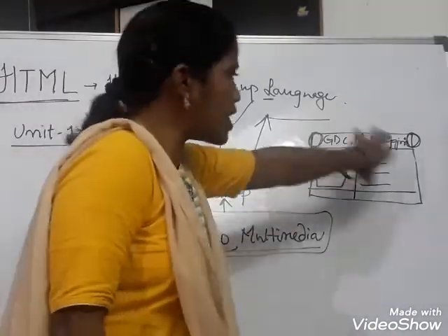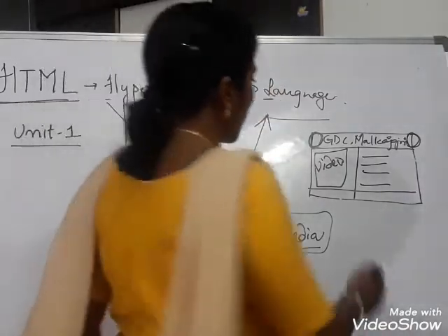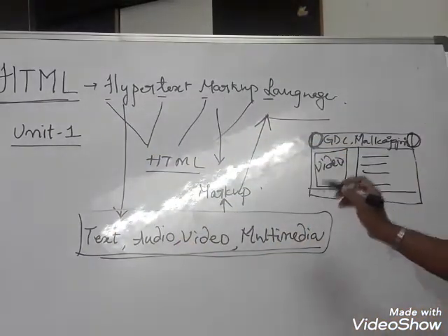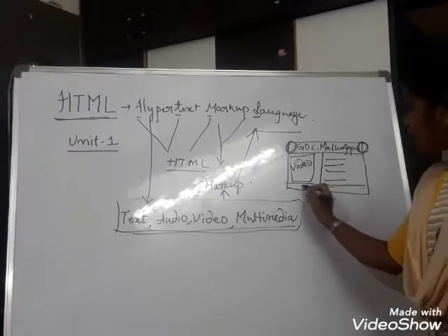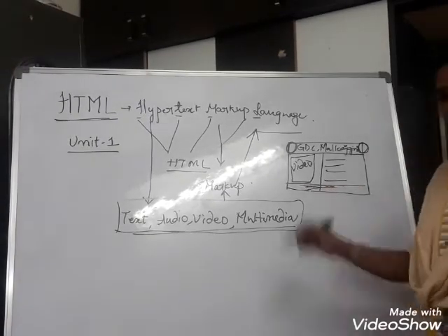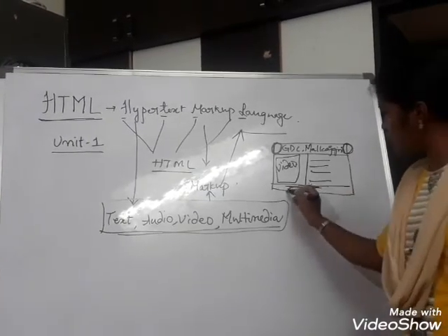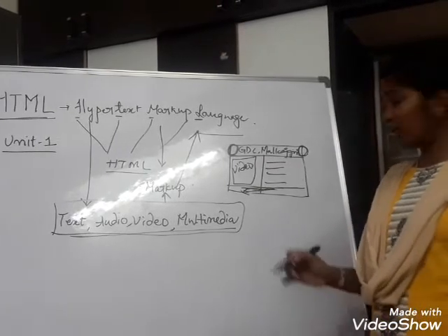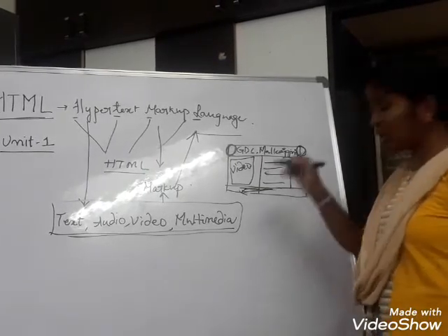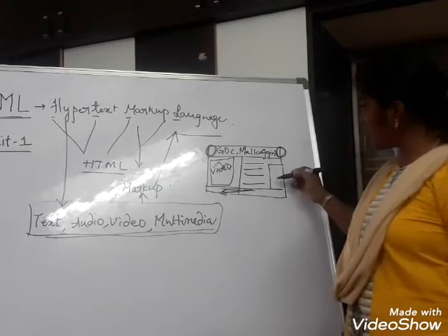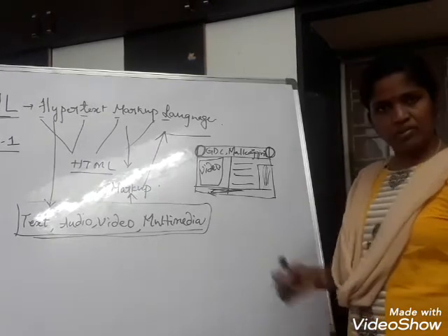So what are all the things I have? I have a video as well as text, and I have displayed some text over here which can be scrolling text. I can have another frame here which will scroll all the news I have.